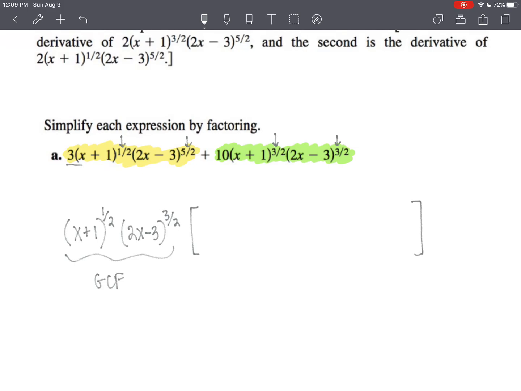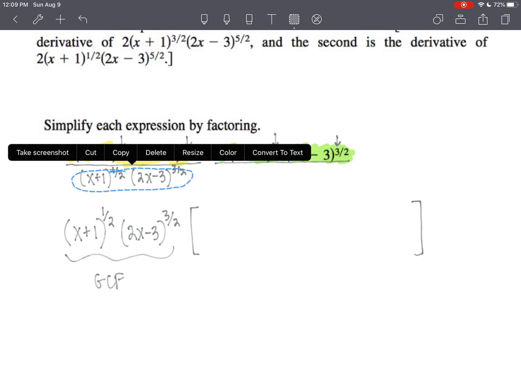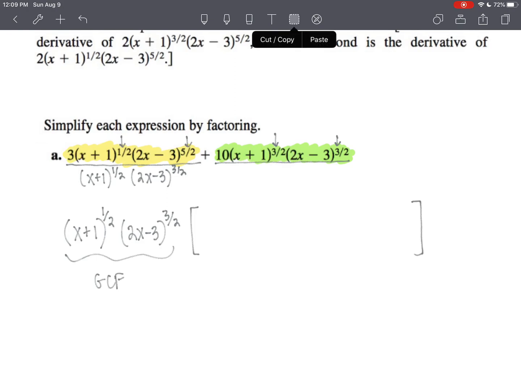Now I'm going to take each term and I'm going to divide by that greatest common factor. So I'm going to do this rather quickly. And there we go.